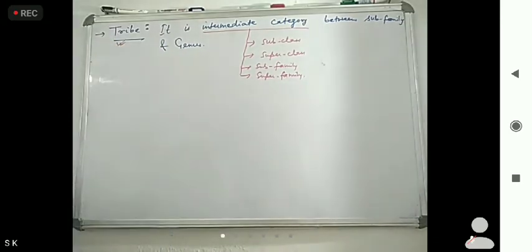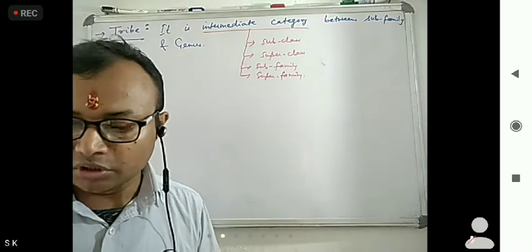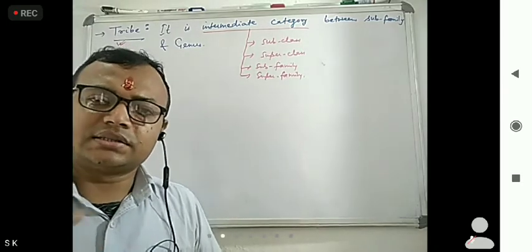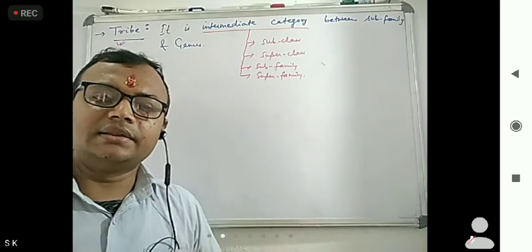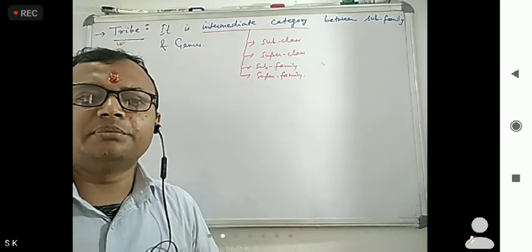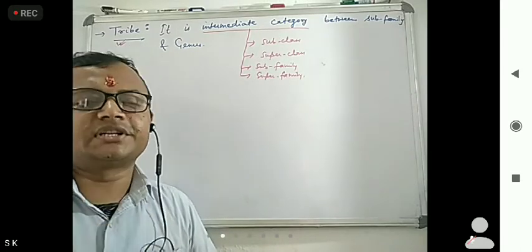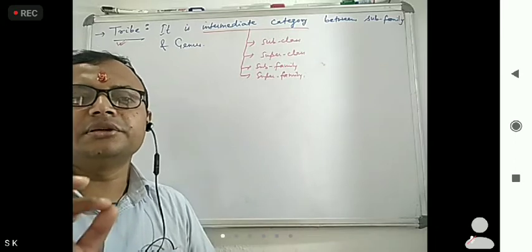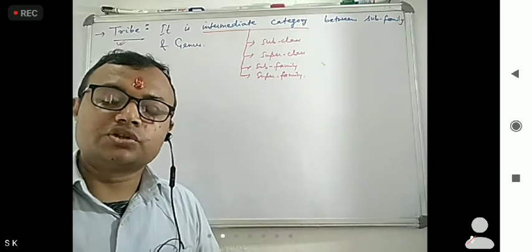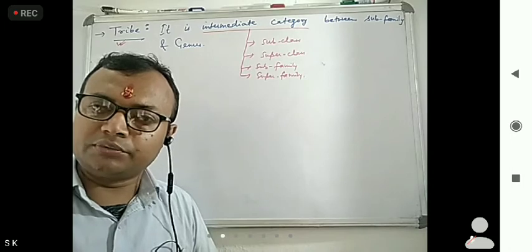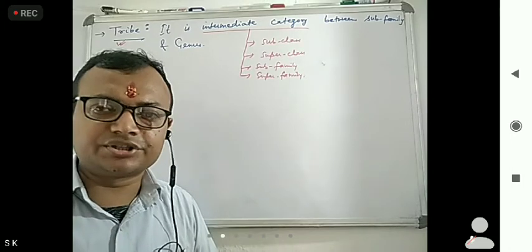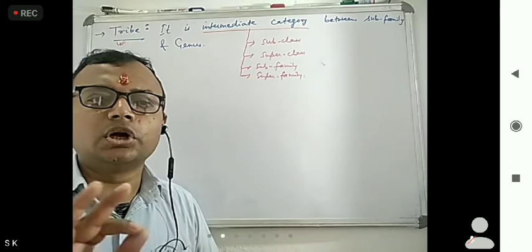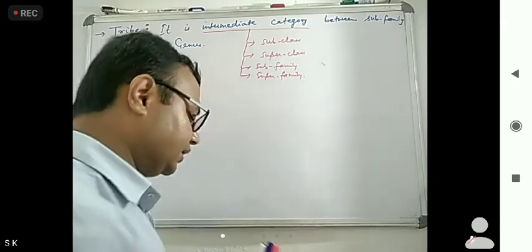Now next, we have to come to some rules, which are depicted by ICBN. So what are the rules? First of all, we have to know what ICBN is. Yesterday we saw it is the International Code of Botanical Nomenclature.